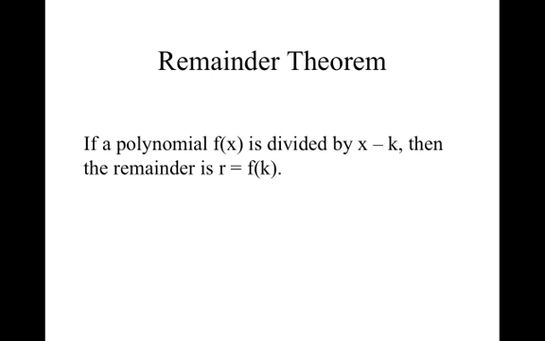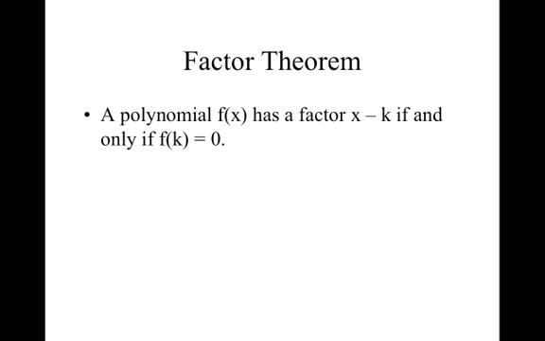And we know this from synthetic substitution. When you substitute in k, you look at that last part, that remainder, and that gives you f of k. So this is just really confirming what we did when we did the same process, but referred to it as synthetic substitution.